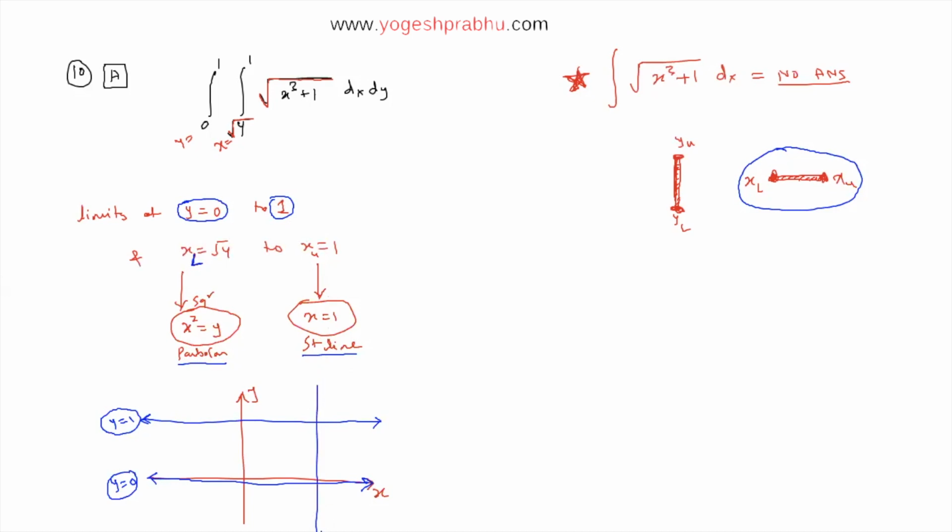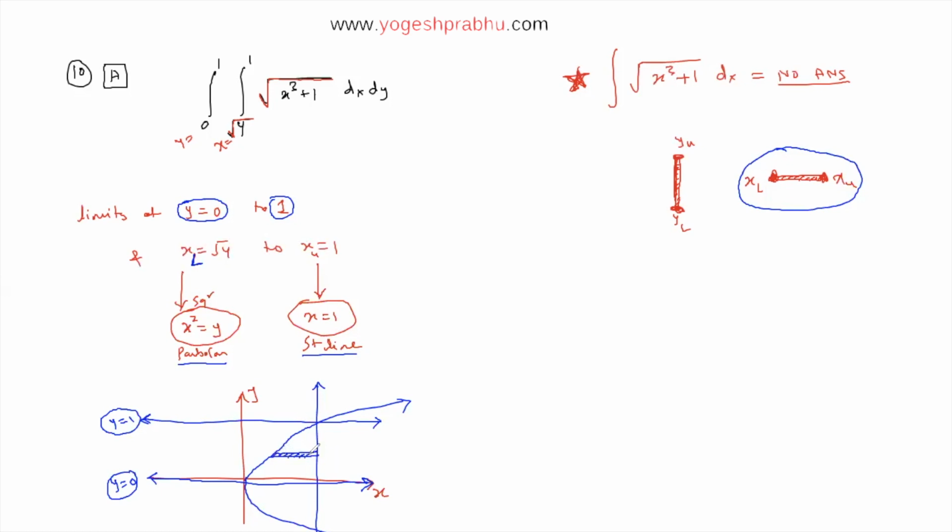This one, x equal to 1. And what is the parabola x square equal to y going to be? This parabola. Now, can you understand your strip has to be here?